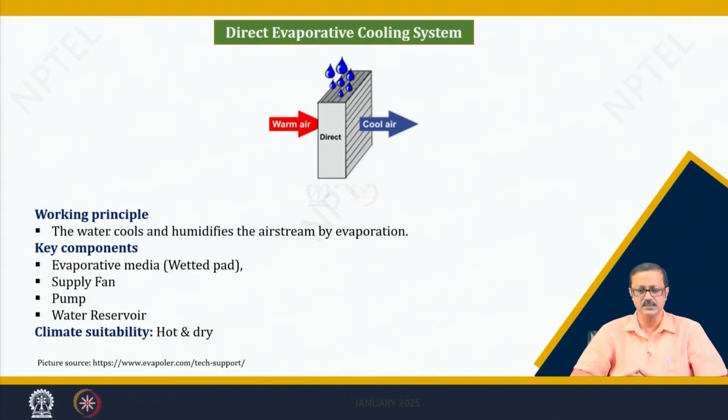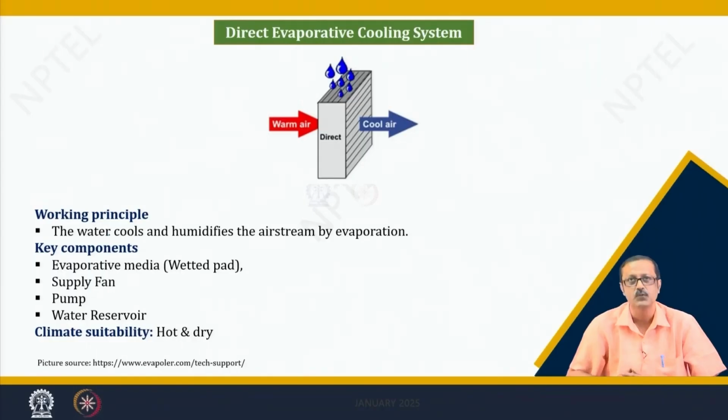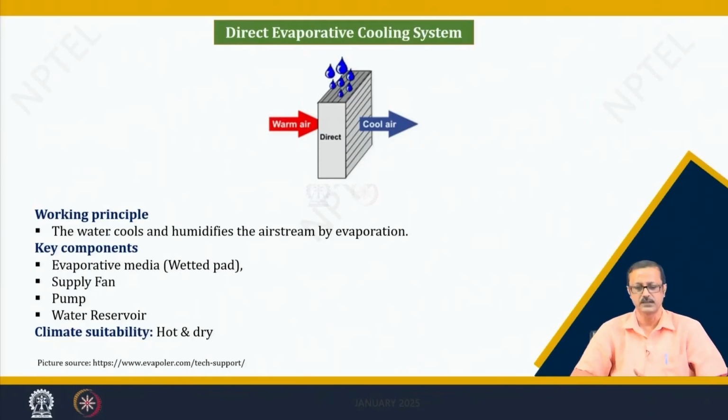The working principle is that there is a moist pad, and warm air passes through that pad and becomes cool. The warm air is also very dry, with relatively less humidity, and as the pad is wetted, it takes some amount of moisture, some amount of vapor from it, and the air becomes cool because there is latent heat loss from the warm air. It is a kind of desert cooler.